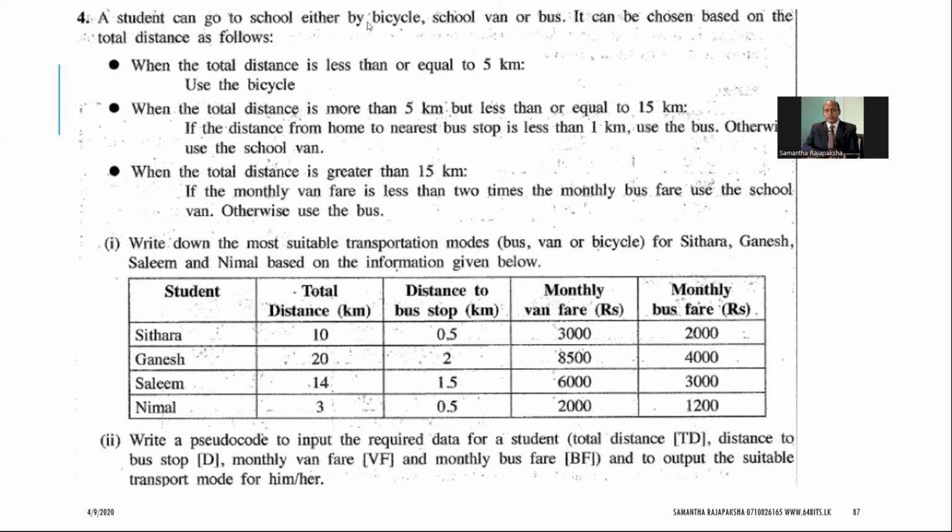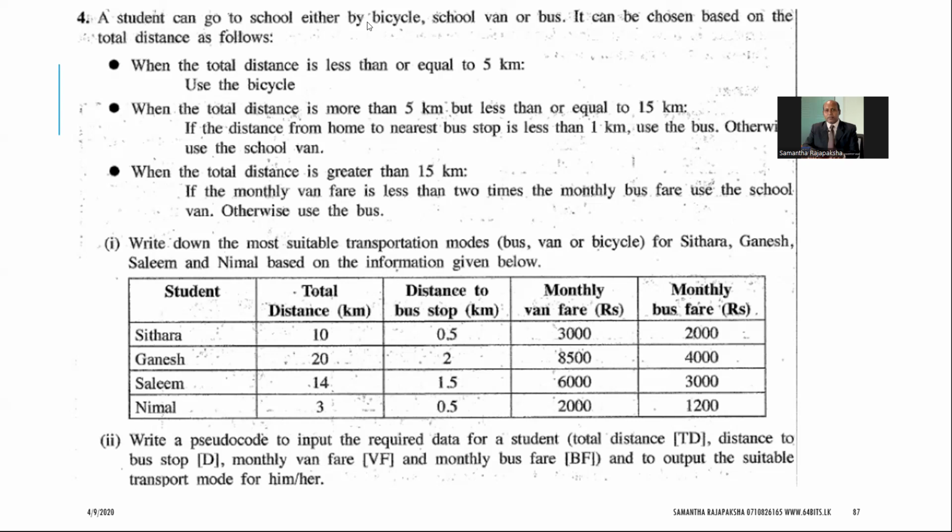And when the total distance is more than 5 kilometers but less than or equal to 15 kilometers, if the distance from home to nearest bus stop is less than 1 kilometer, use the bus, otherwise use the school van. And when the total distance is greater than 15, if the monthly van fare is less than twice the monthly bus fare, then use the school van, otherwise use the bus. Now, based on that, you are asked to write the pseudocodes with the given inputs.